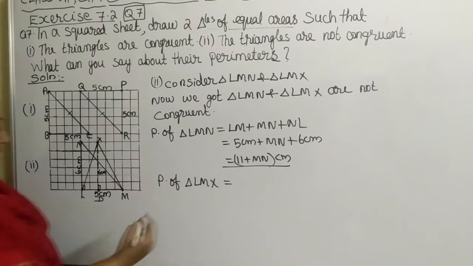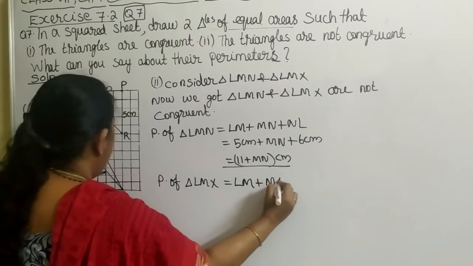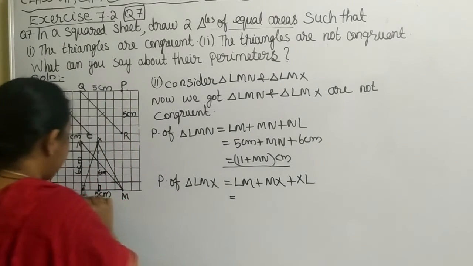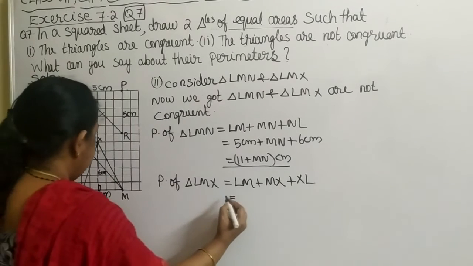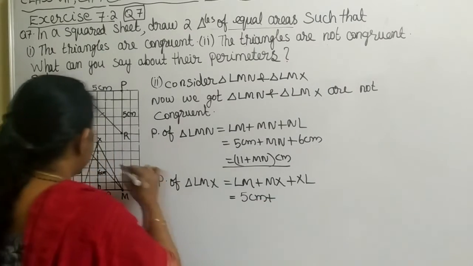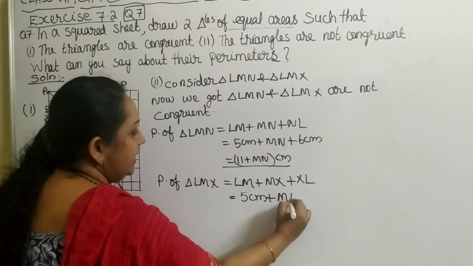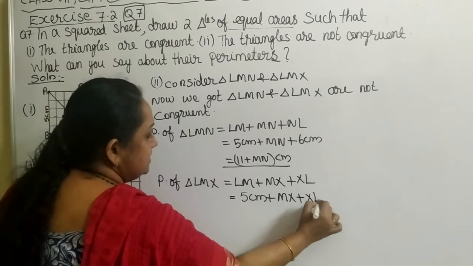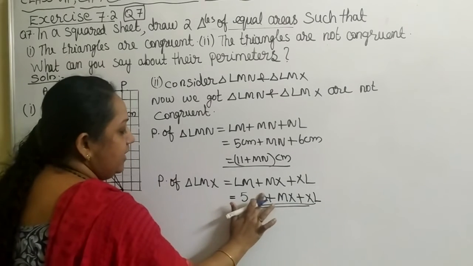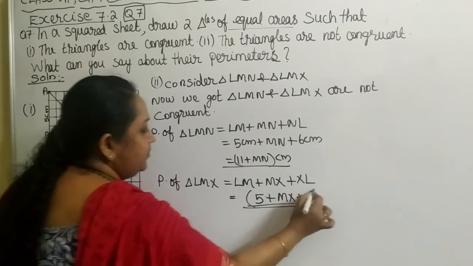Now the perimeter of triangle LMX equals LM plus MX plus XL. See here, the base of both triangles is the same. So LM equals 5 centimeter, plus MX, we don't know the length, and XL also we don't know. So we can write MX plus XL. So this is the perimeter of the second triangle LMX.